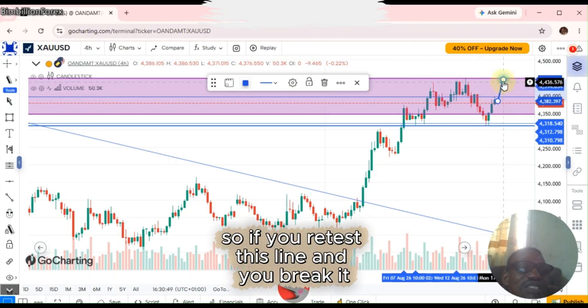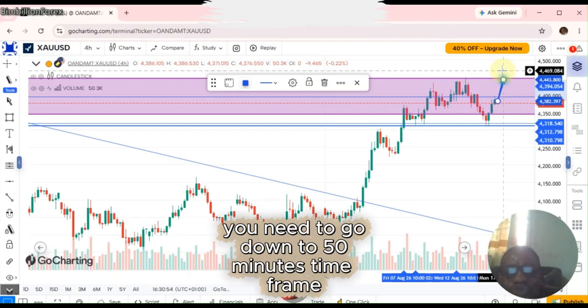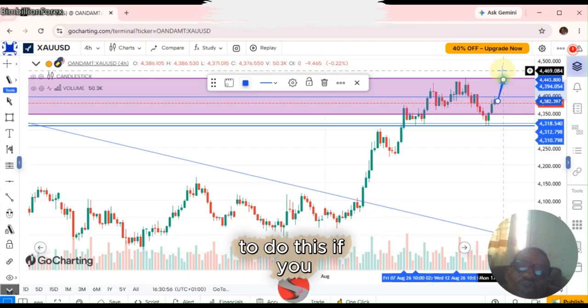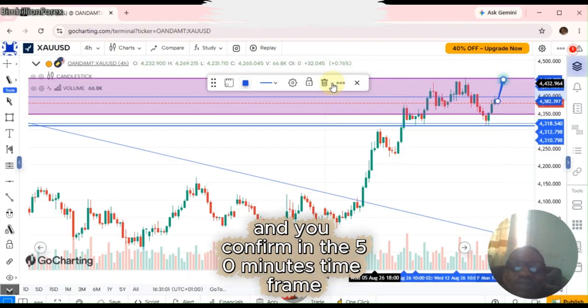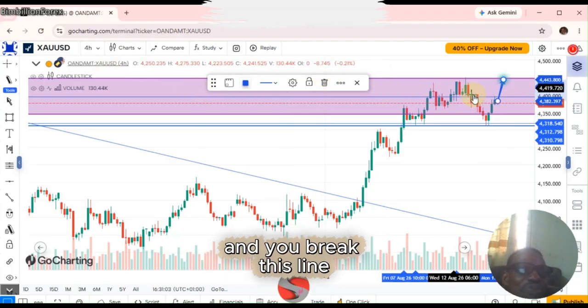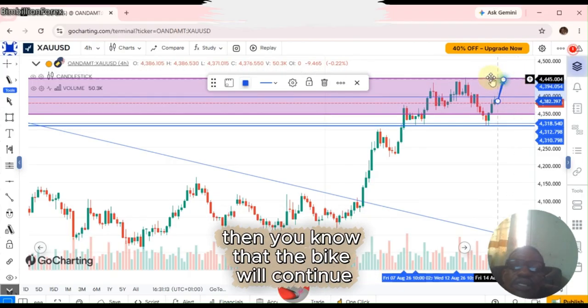If you retest this line and break it, you need to go down to the 15-minute time frame to confirm. If it breaks this line and the candlestick closes over this box, then you know that the buy will continue.